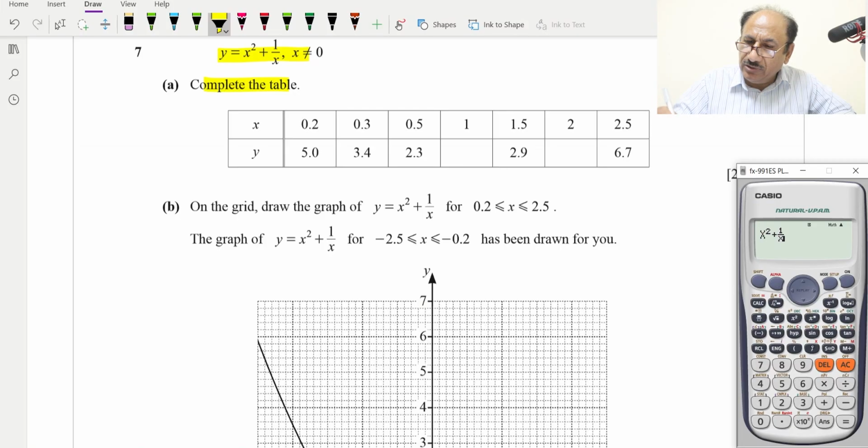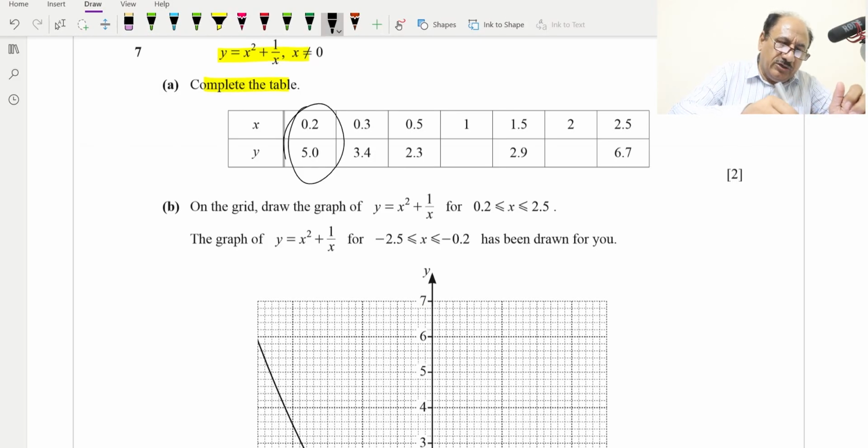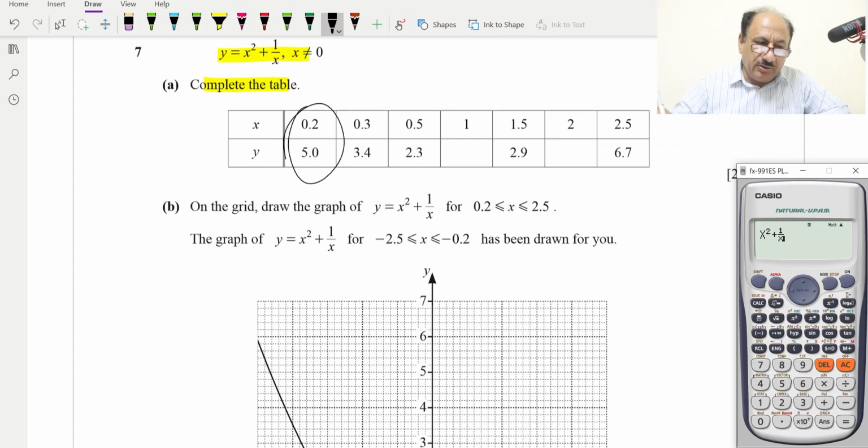Now we can calculate for anything, for example for 0.2 we will check this value, and our calculator will say this, we press the calculate button, calculate for x equal to 0.2, we should get 5, we are getting 5.04, so we are getting a very close answer.